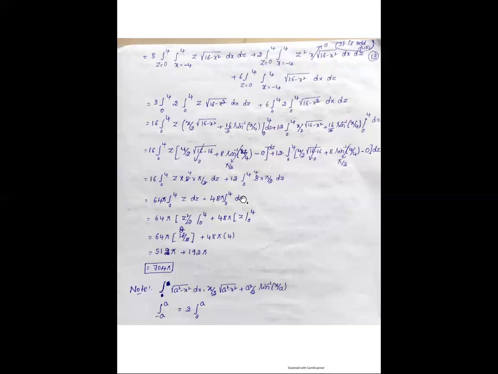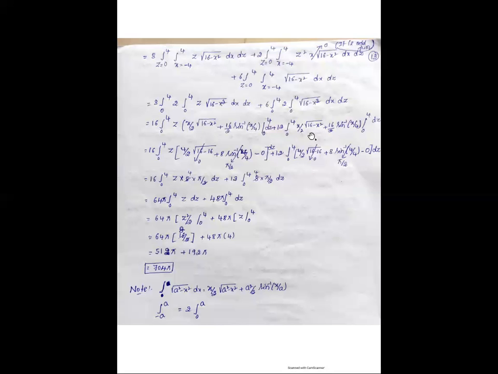Here also use the formula for square root of a square minus x square and expand between the limits 0 to 4. 16 integral of 0 to 4 z into, here apply upper limit x is 4, it's 4 by 2 into square root of 16 minus 4 square, 16 minus 16 is 0. Sine inverse of 4 by 4 gets cancelled, sine inverse of 1 is pi by 2, minus lower limit x is 0, sine inverse of 0 is also 0, with respect to z, plus 12 into integral of 0 to 4.